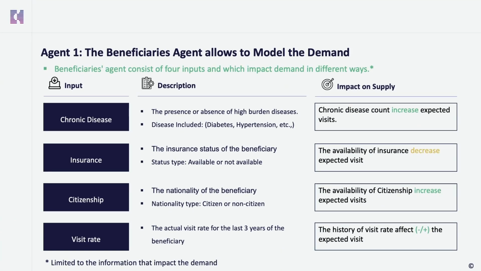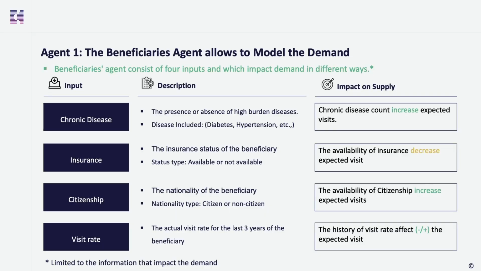So the first agent has four main inputs that impact the overall demand. First, chronic disease, whether the beneficiary has a chronic disease, diabetes, hypertension, and so on. The presence of chronic disease will increase the expected visits of the beneficiaries.